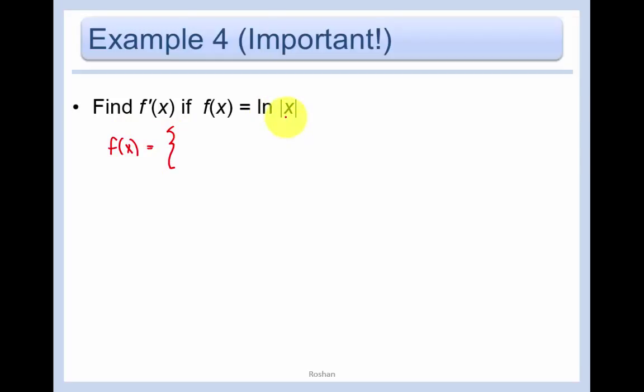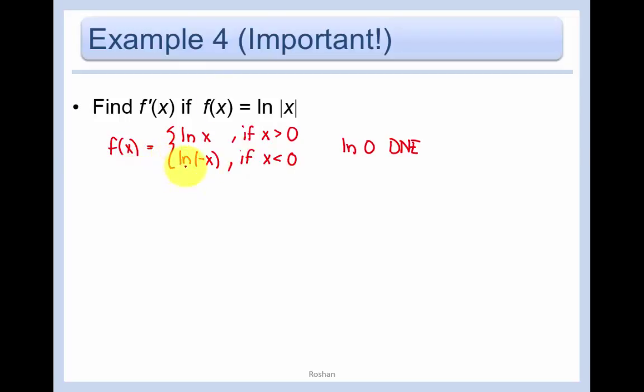Well, we know that ln absolute value of x, if x is greater than 0, then we just have ln x, since the absolute value of x is x, right? But if x is less than 0, then the absolute value of x is the opposite of x. In other words, ln negative x. And of course, you cannot take the ln of 0. ln 0 does not exist, so this is strictly greater than and this is strictly less than.